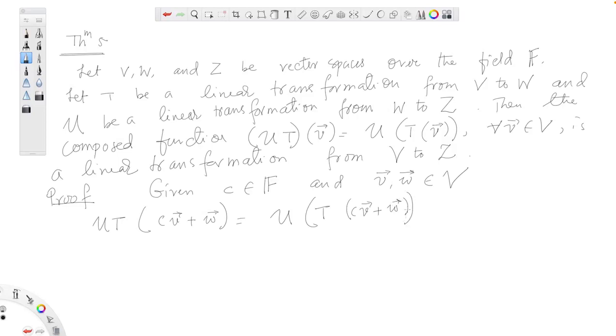Now using the linearity of T, this is equal to U of c Tv plus Tw, since T is linear.